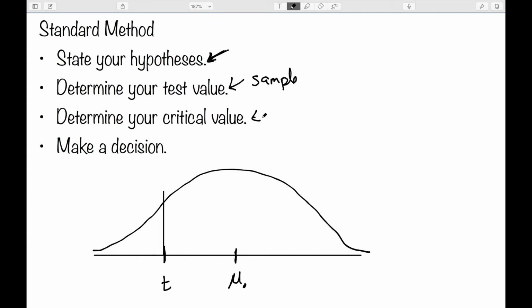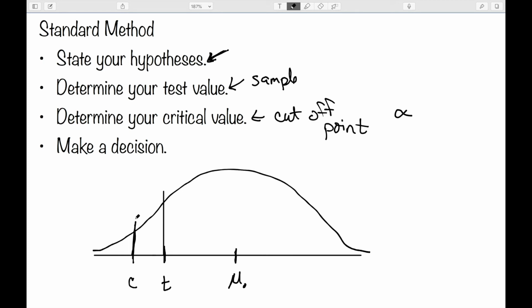The critical value is essentially our cutoff point. What is actually considered too low? And this depends on our level of significance, our alpha value. So we will have a cutoff value in general. And so let's say my critical value is here along this bar. I'll use C for critical.